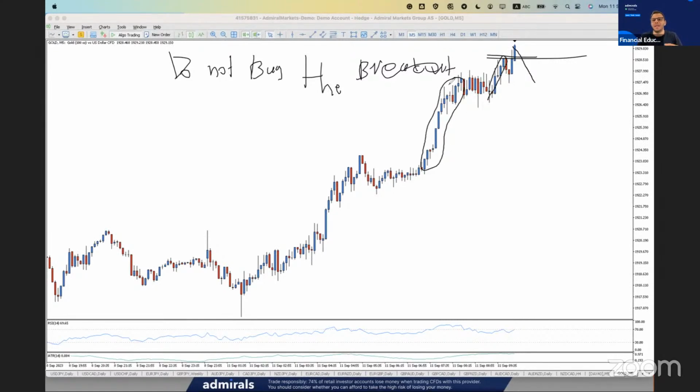Now, does divergence mean that because it indicates this market behavior, the market will behave exactly like this? And the answer is no, it doesn't mean that.